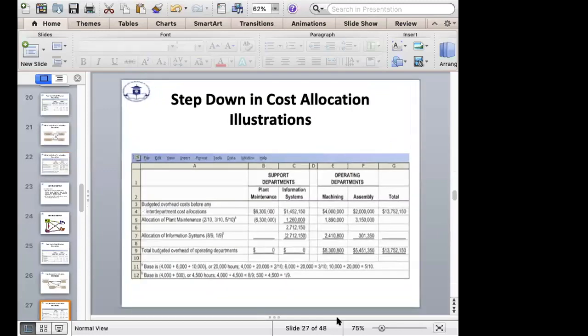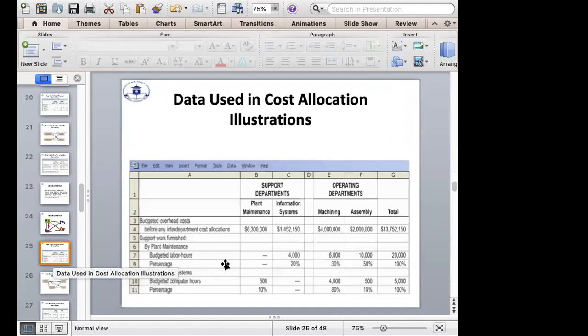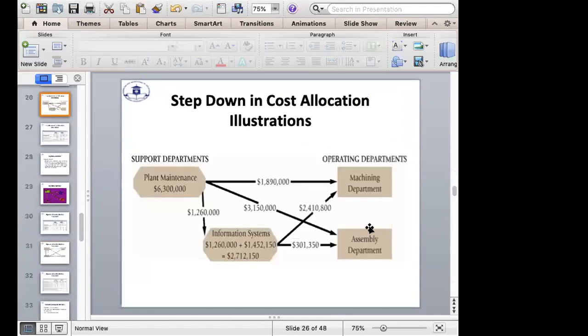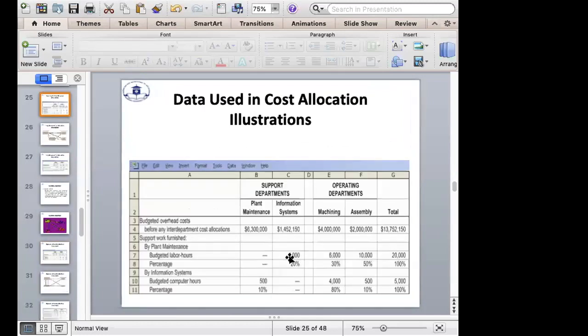Okay, so we allocate this 6.3 here, here, and here. So how did we get this, this, and this? Of course, we will calculate the base. So how do we calculate the base? You can see that we have 4,000.